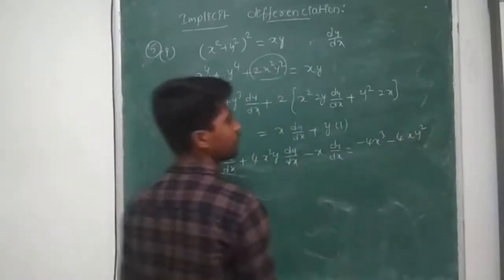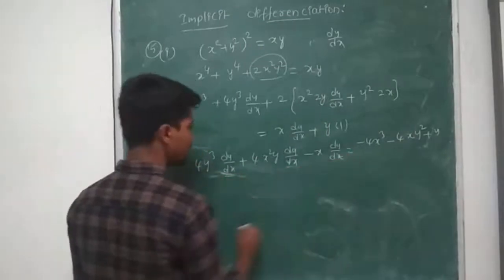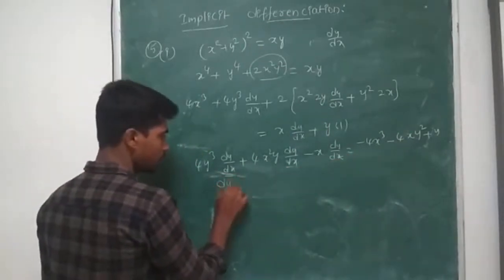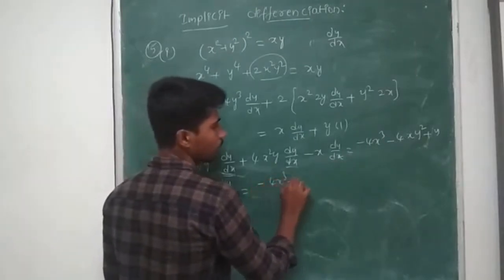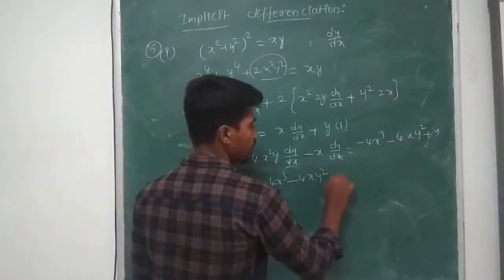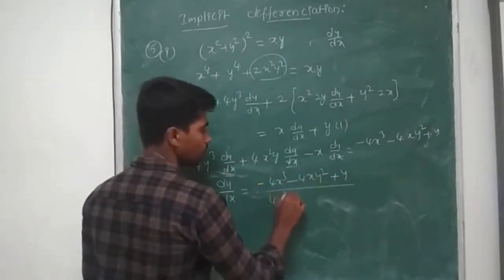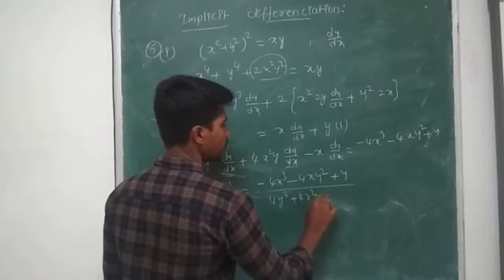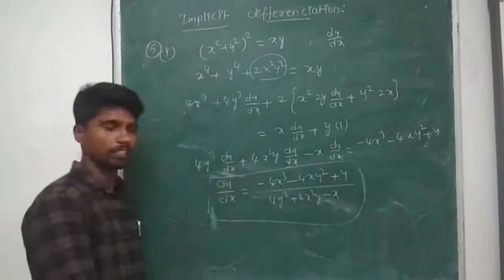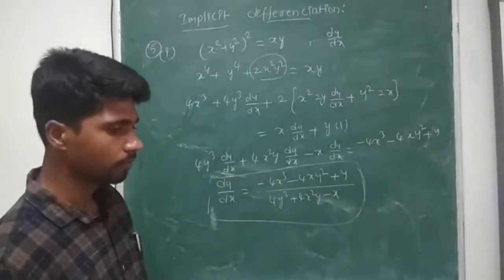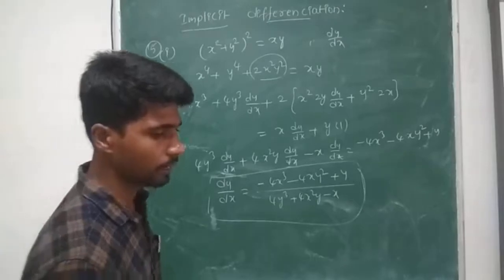Already I have y, so I take plus y. So take dy by dx common and send the rest to the right side: dy by dx equals minus 4x cube minus 4xy square plus y, divided by 4y cube plus 4x square y minus x. This is the answer.